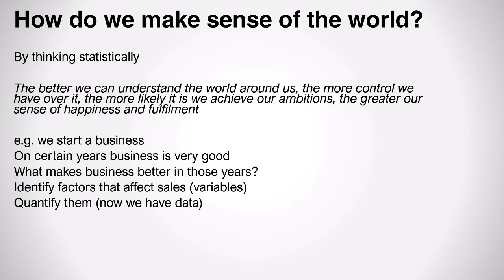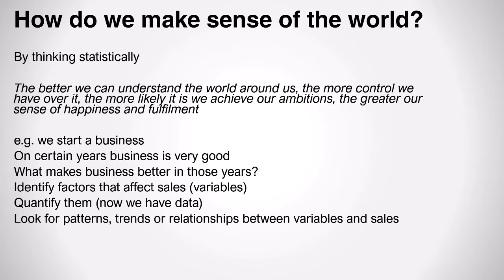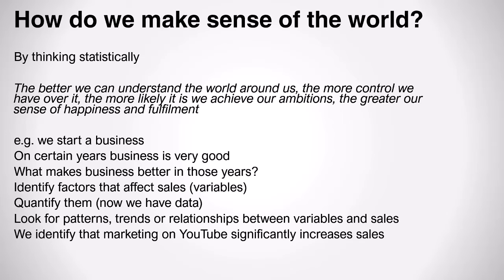And then think of a load of other variables. And then you can use statistics to look for patterns and trends and relationships between variables and the main outcome measure of interest, which is sales, to make a profit. And any decent business does do this, actually. And the bigger businesses have whole departments of statisticians that look at these kinds of things.